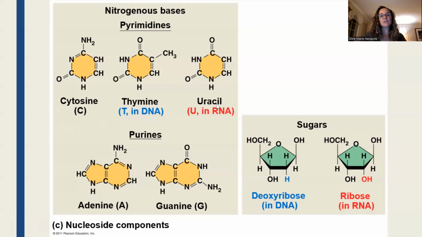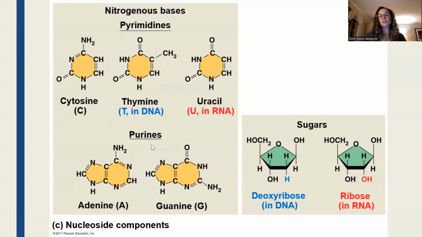And then in RNA, we're going to have cytosine and uracil as our pyrimidines. And then our purines are going to be these double-ringed bases. And so we've got adenine and guanine as our purines. When we look at the base pair rule, we're going to have a pyrimidine bonded to a purine.